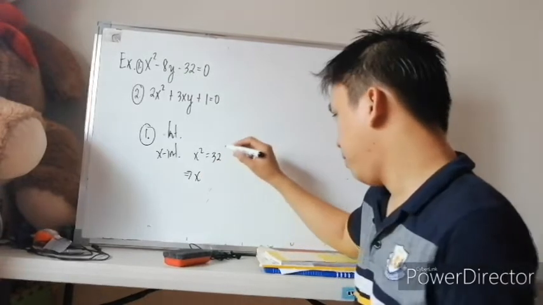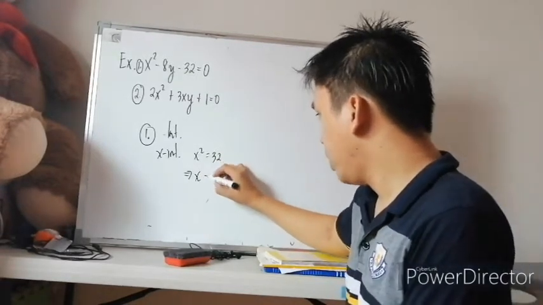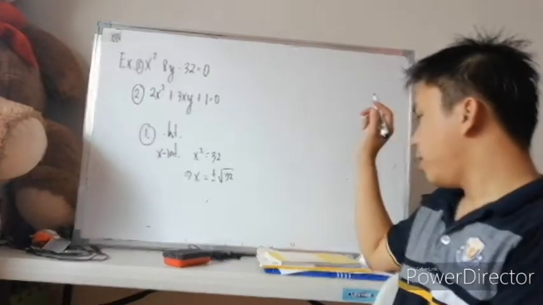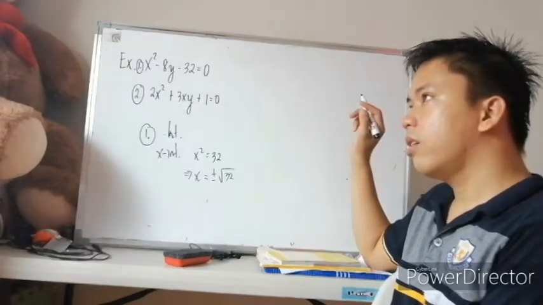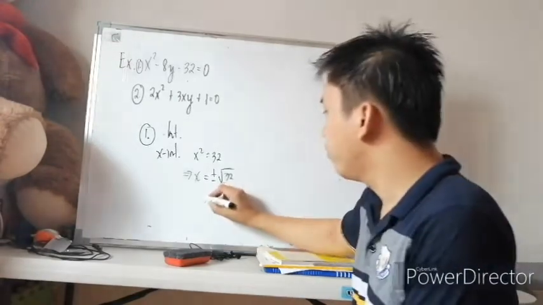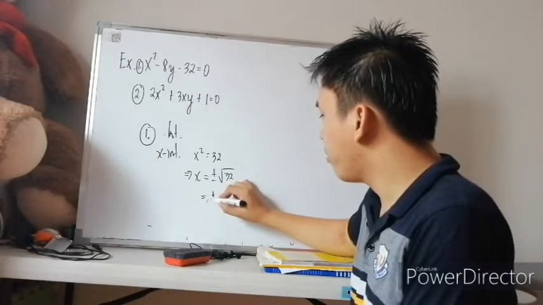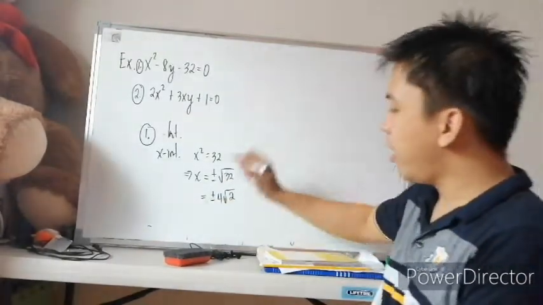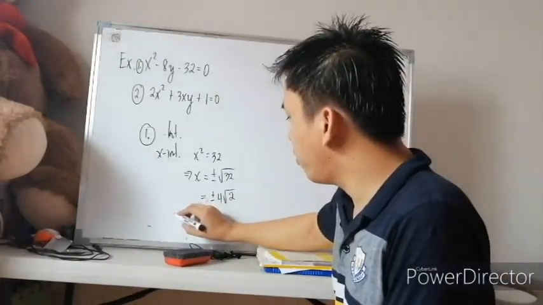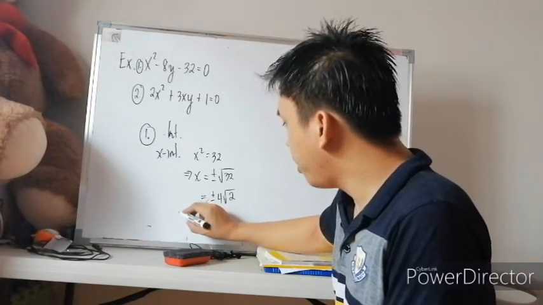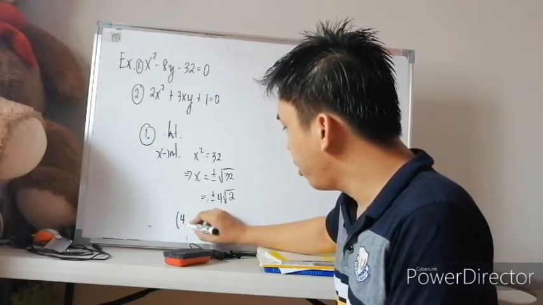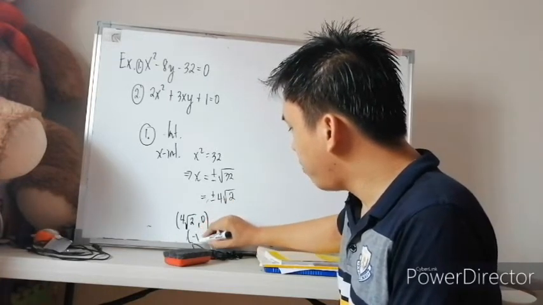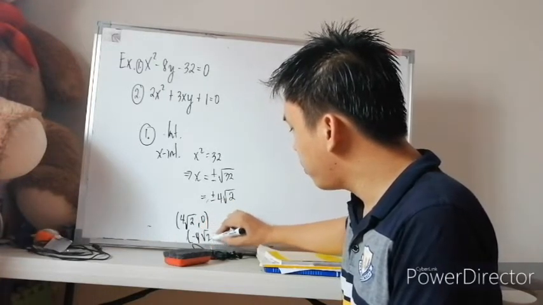So x equals plus or minus the square root of 32, which is equivalent to plus or minus 4 square root of 2. Hence, the x-intercepts are (4 square root of 2, 0) and (negative 4 square root of 2, 0).